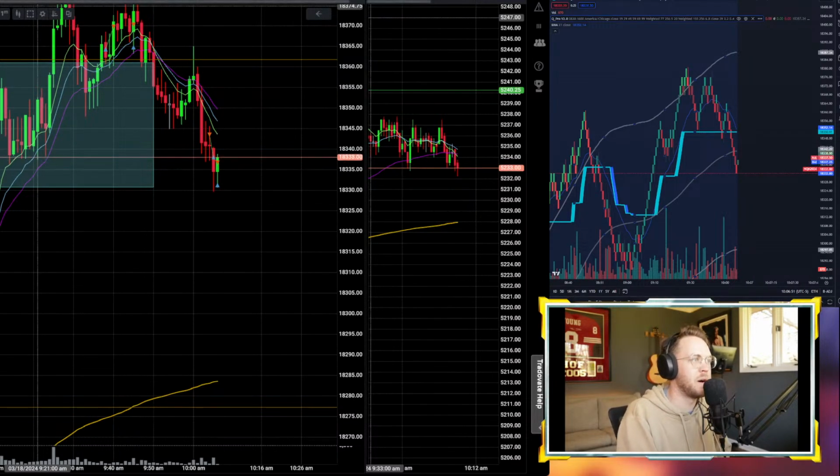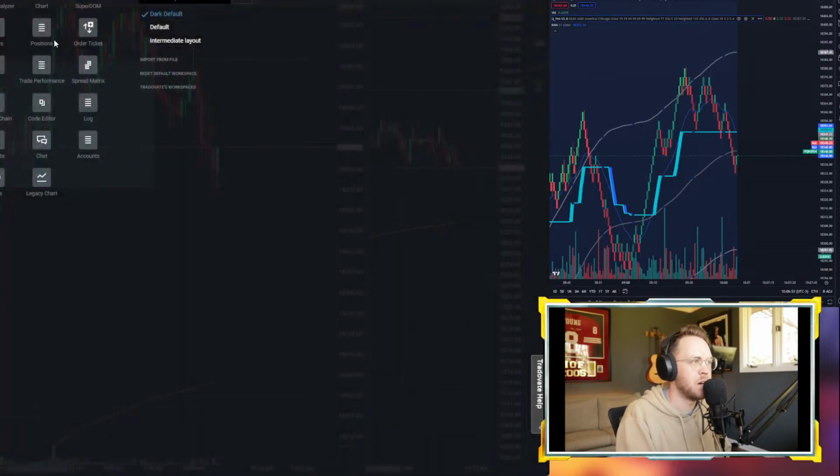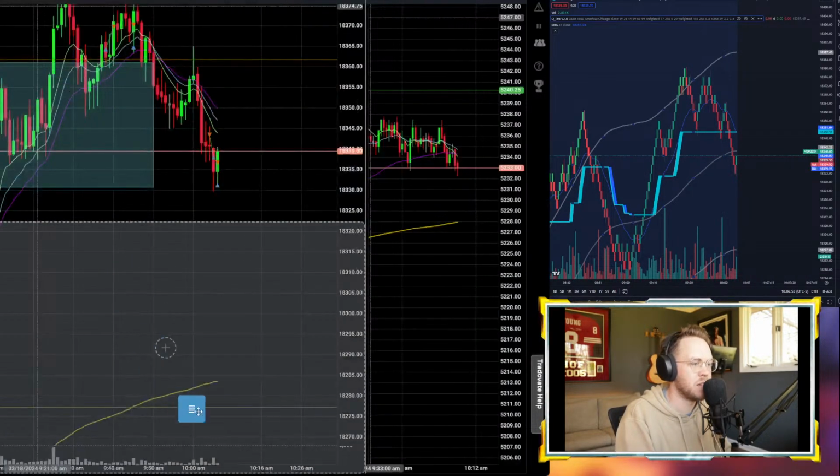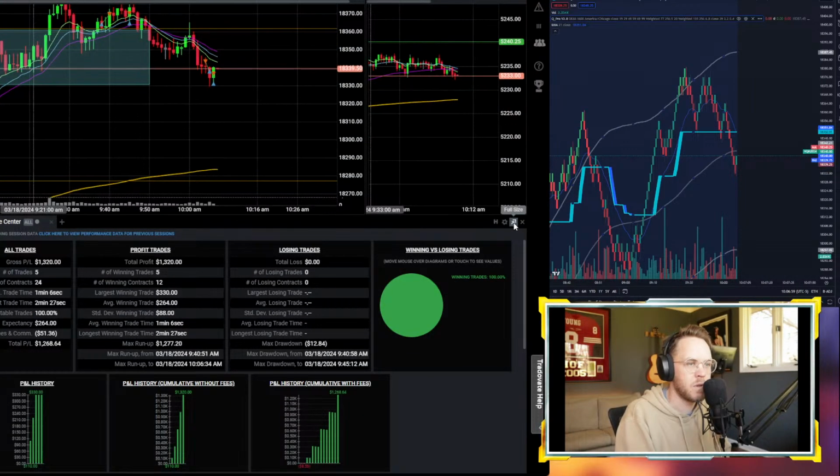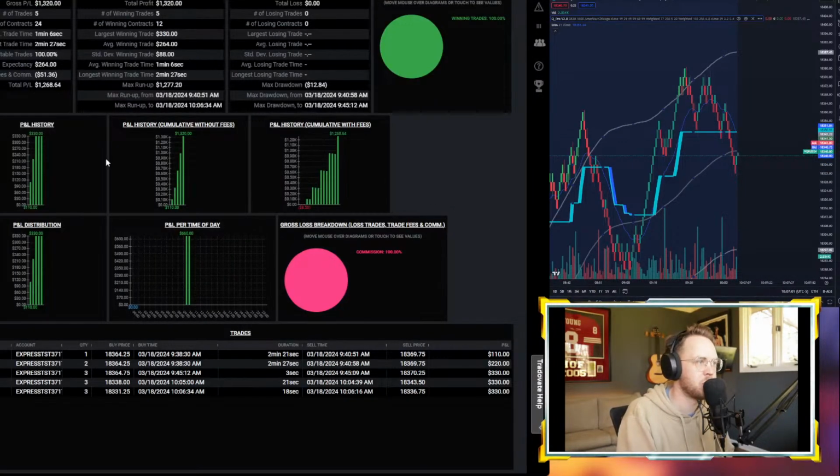Let me pull up my trade performance here. You guys can see what I'm talking about. Here is my trade performance so far. Average winning trade is $330. I don't know why it says 264, because a couple of them got stopped out, or we hit 1 contract of profit and then we hit 2 later on.